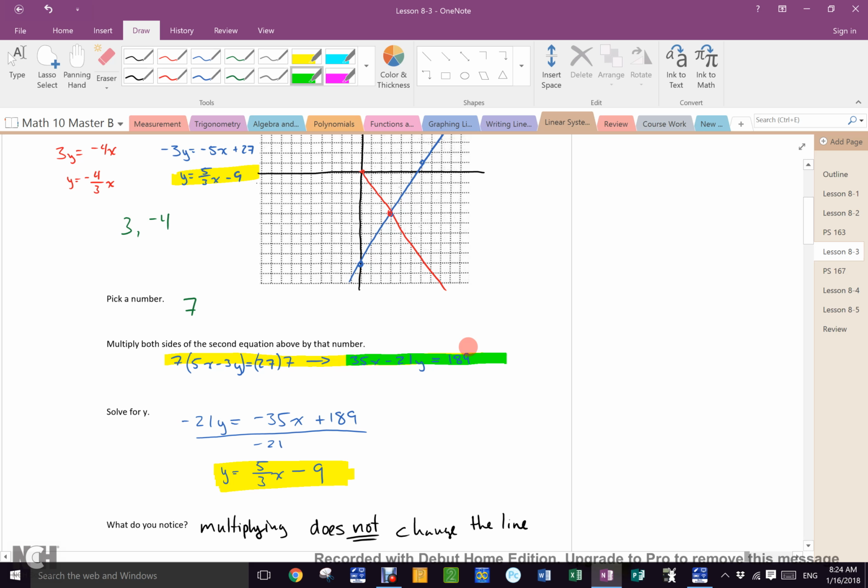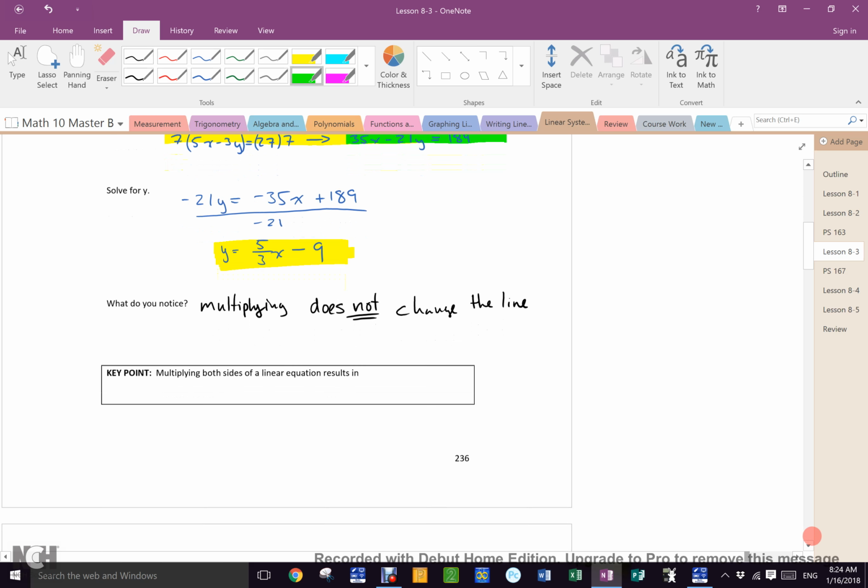Does everybody understand what I am saying? That is the key point from here. Multiplying both sides of a linear equation results in the same graphed line. It changes the look algebraically. It doesn't change it graphically. Is everybody with me? Okay.